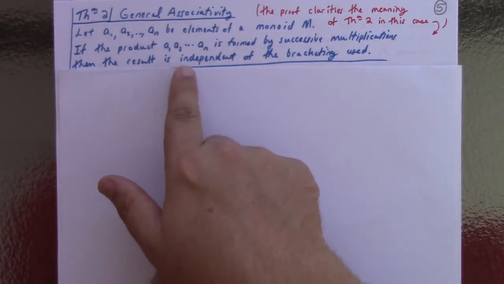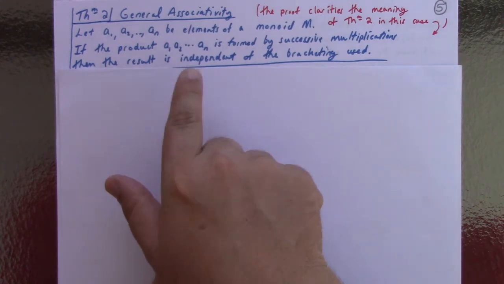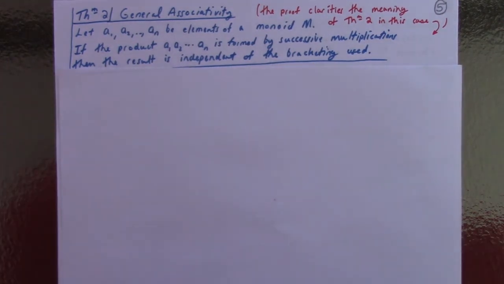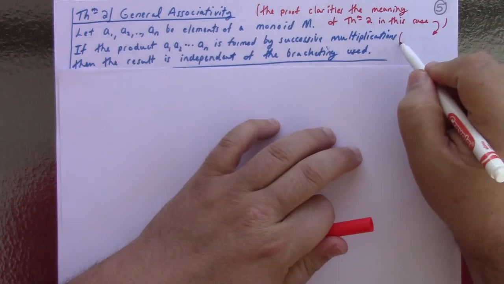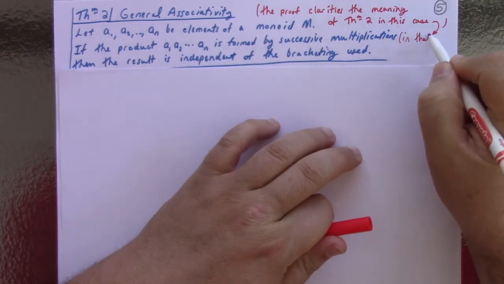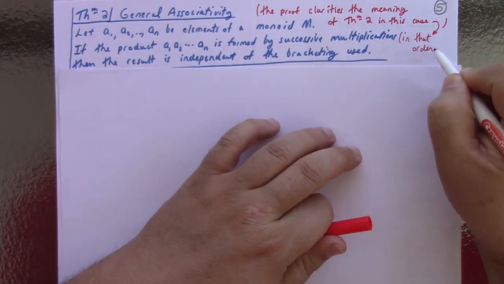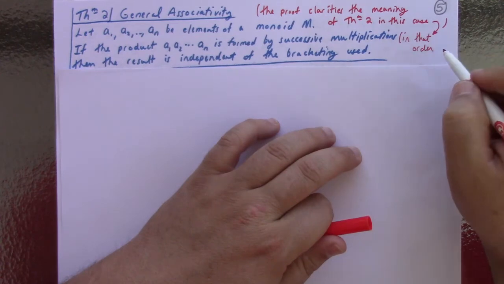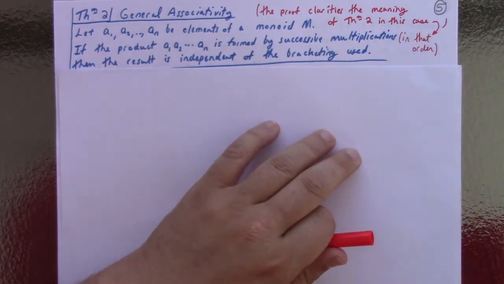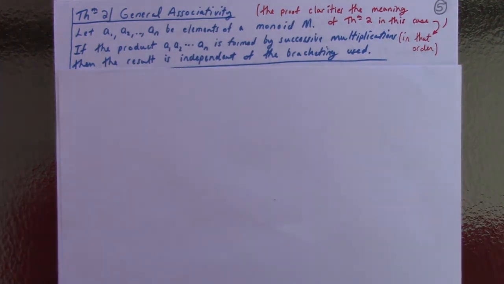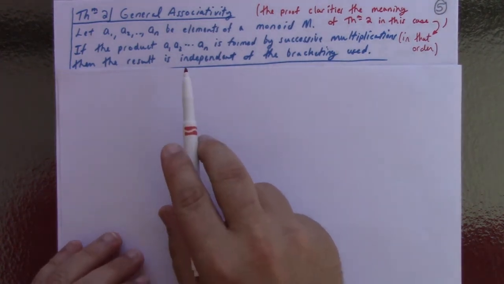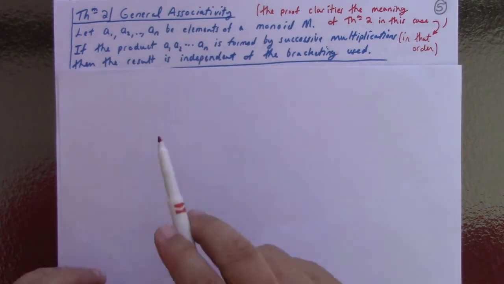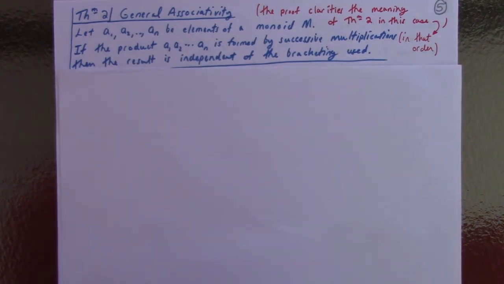If the product A1 through An is formed by successive multiplications, and this is kind of important, in that order, in other words, A1 comes first, A2 comes second, and so forth, all the way out to An. I mean, you might multiply A1 and A2 first, and then multiply everything past it, but the ultimate product is in this order. Then the result is independent of the bracketing used.